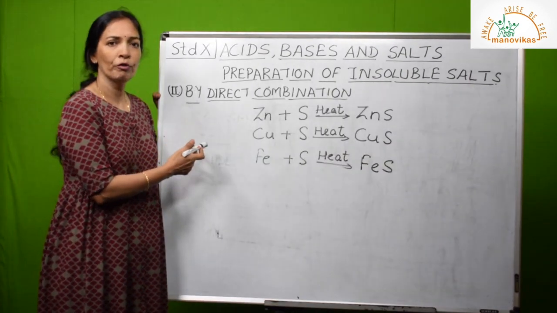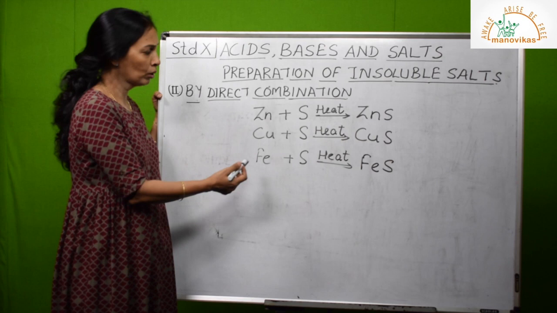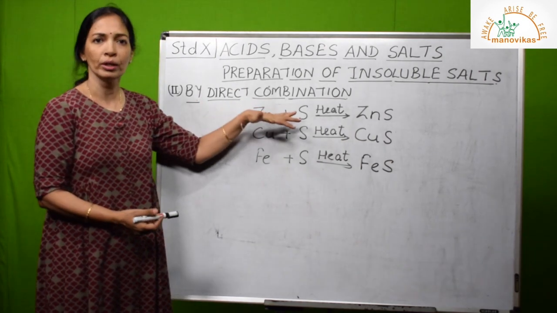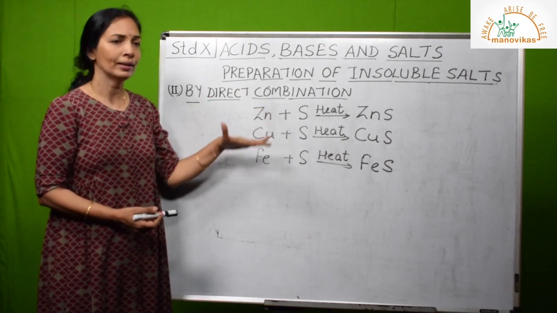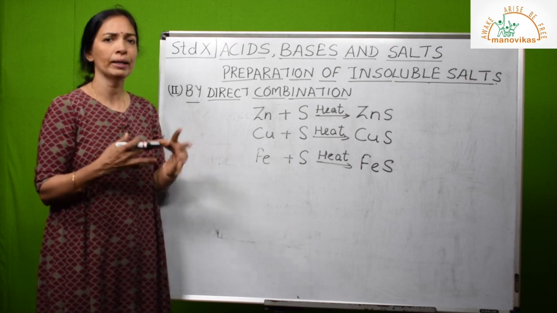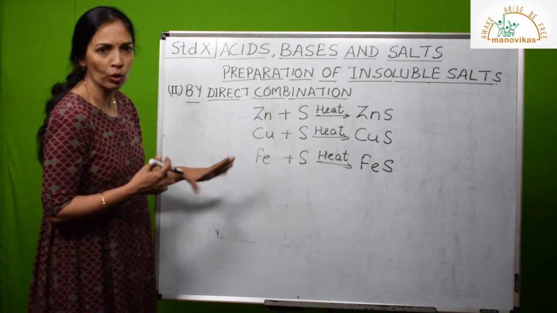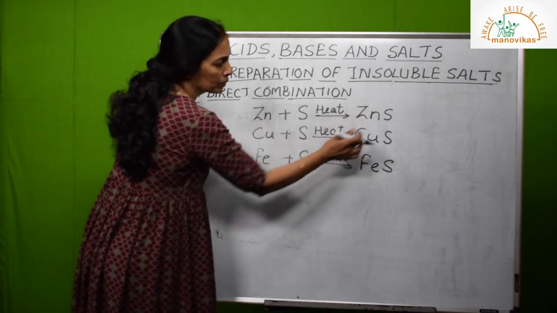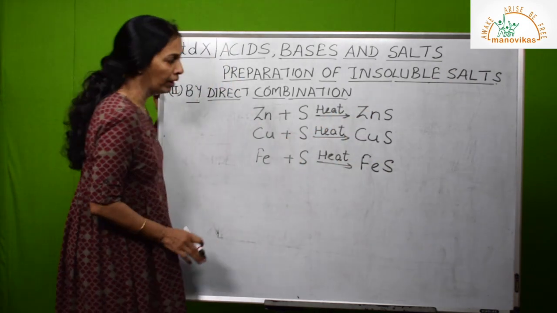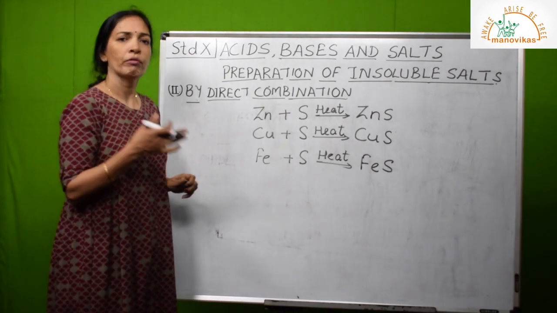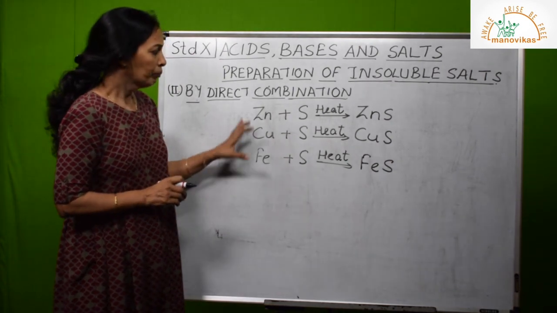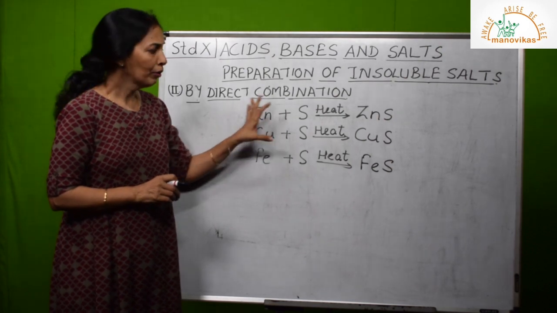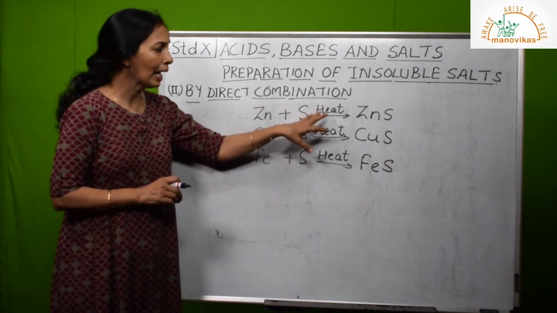The second method of preparation of insoluble salt is by direct combination, or synthesis. You know, two elements combine and form only one product, that is direct combination. Here you can prepare zinc sulfide, copper(II) sulfide or iron(II) sulfide. Even lead(II) sulfide can also be prepared by this method. Here the metal is mixed with sulfur and heated.